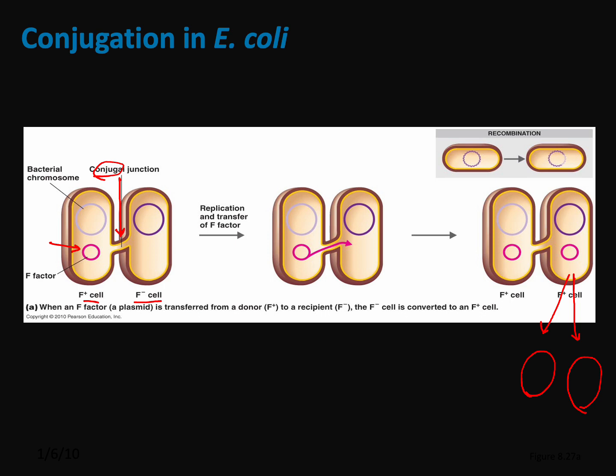So replication or binary fission is vertical gene transfer, replicating the genetic material. Horizontal gene transfer happens between cells of the same generation, so we're not making new generations anymore, and it's transferring often, we're talking about plasmids or resistance factors to other bacterial cells.